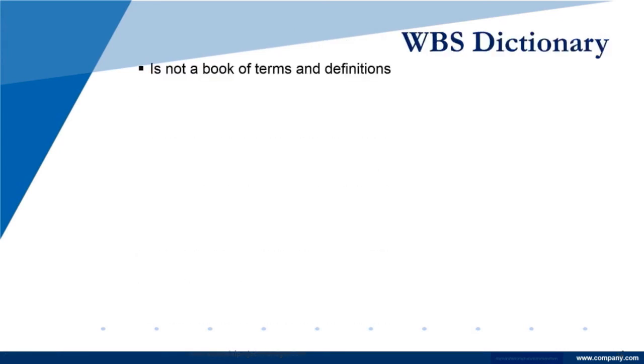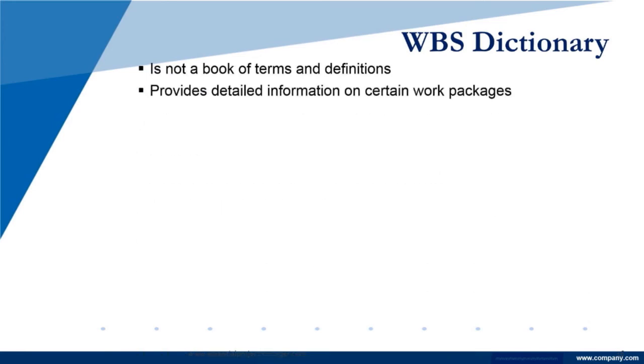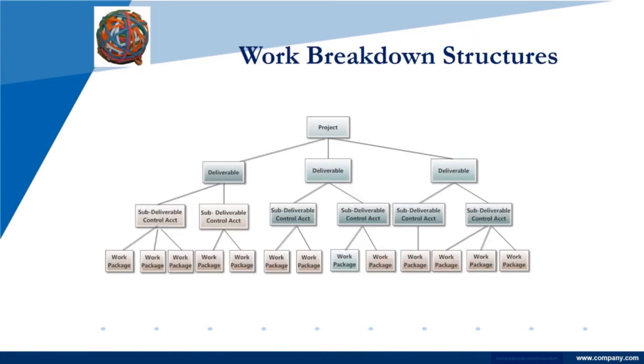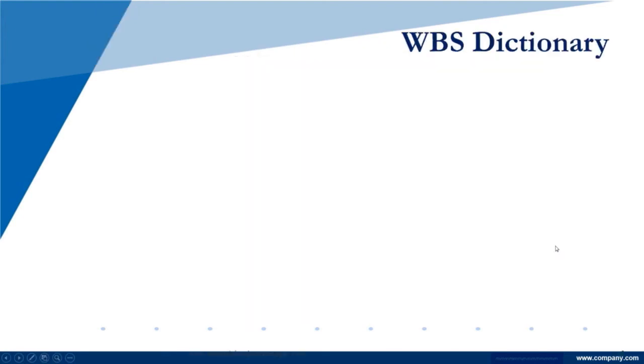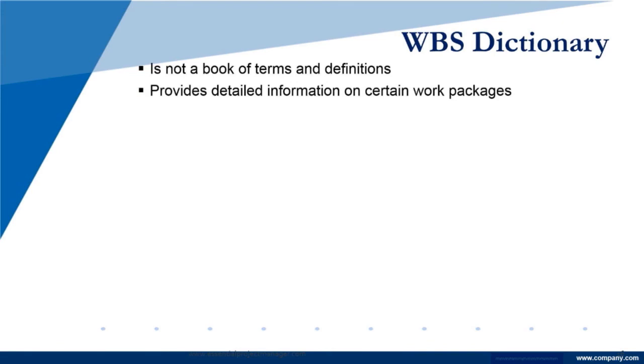The WBS Dictionary, it's not a book of terms or definitions. That always throws people. It provides detailed information on certain work packages. So basically, I'll go back to this. You see here we have a lot of work packages at the bottom. Well, what you want to do with the WBS Dictionary is you want to provide detail.